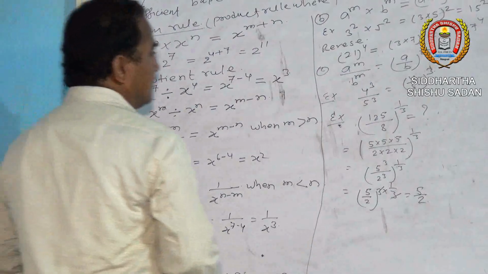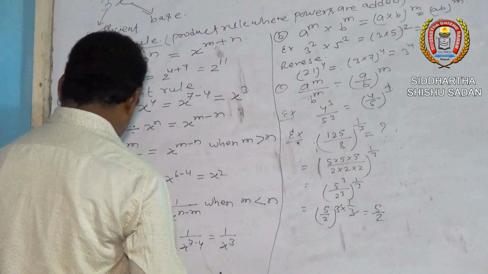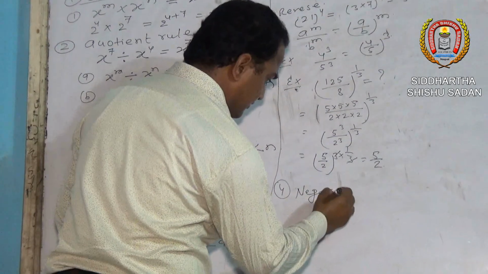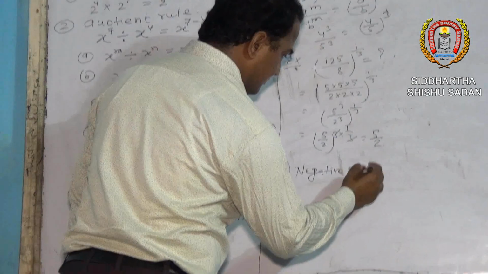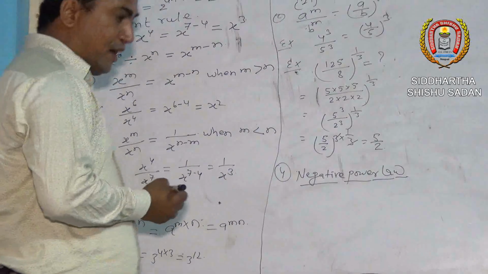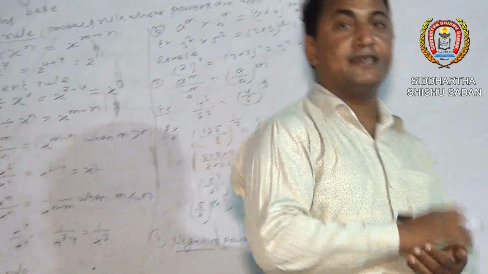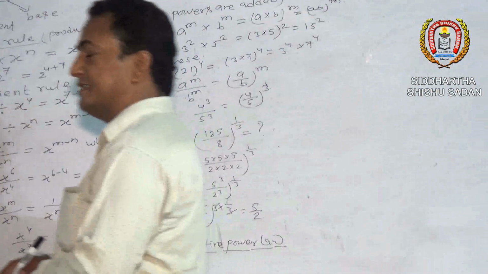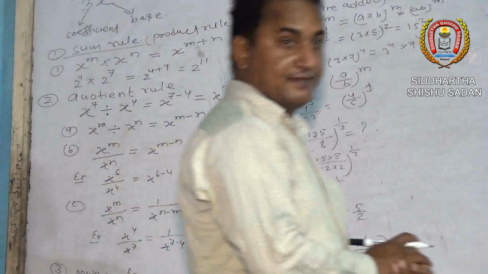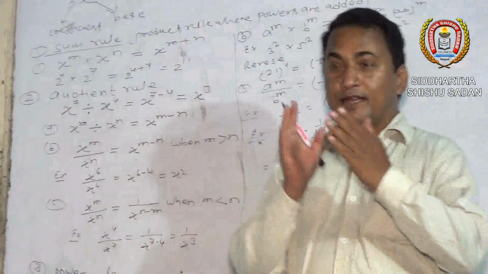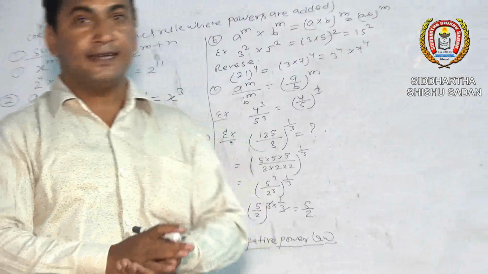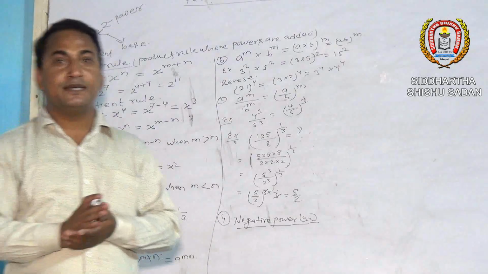Next is 4, negative power law. When the power of any base is negative, in that condition, when we change the base from numerator to denominator or denominator to numerator, then the sign of the power should also be changed.